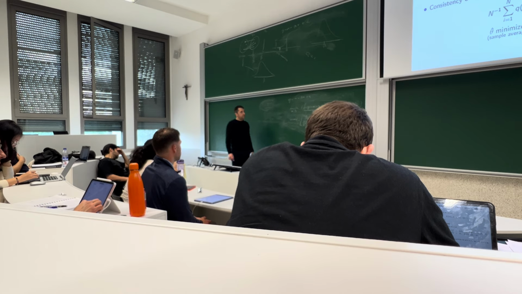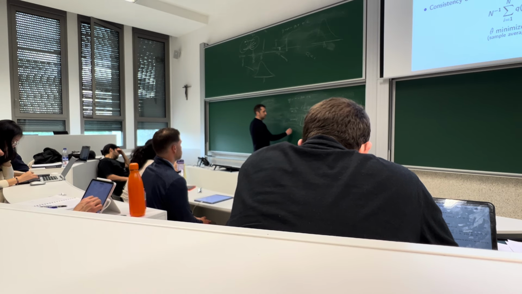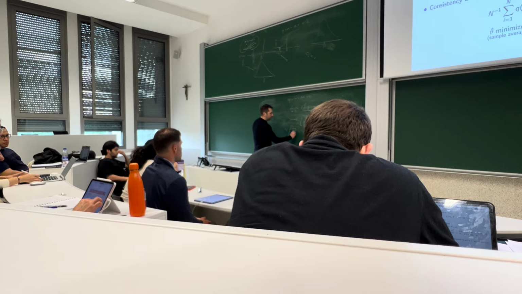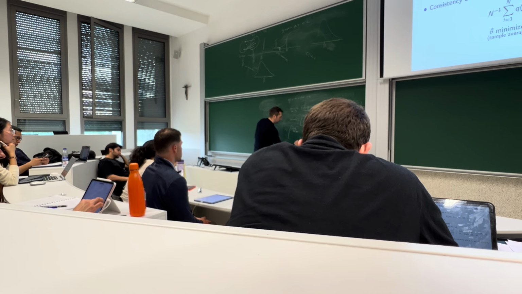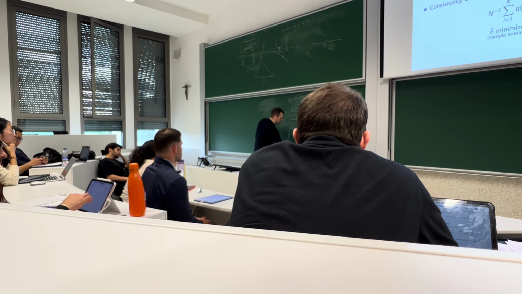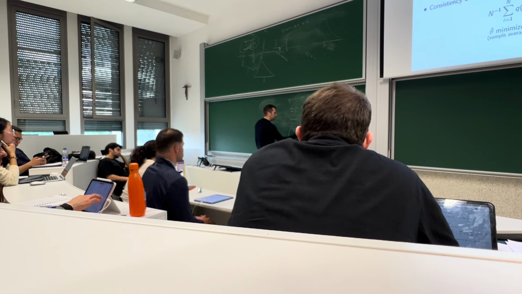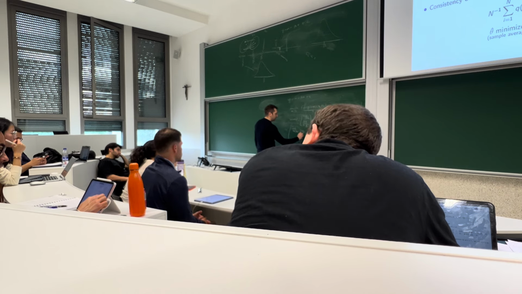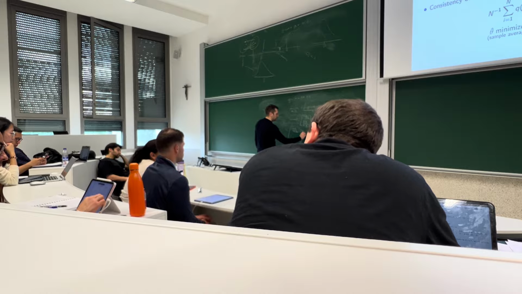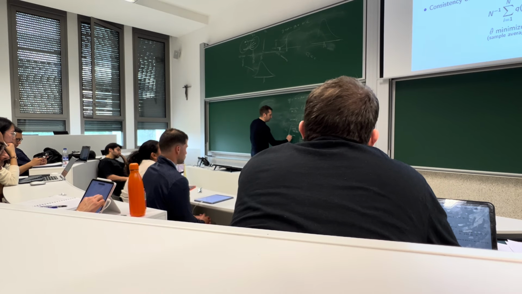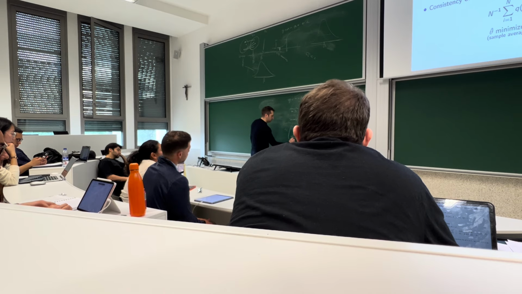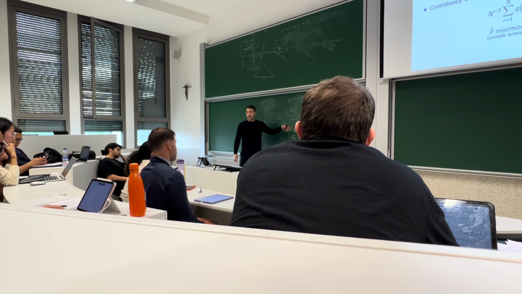Now, the second derivatives will be the Hessian: the derivative of A with respect to alpha and alpha, the derivative of A with respect to beta and beta, and here we have the derivative of A with respect to alpha and beta, which is the derivative of A with respect to beta and alpha. Okay, so four elements.